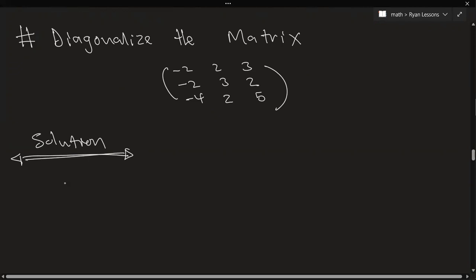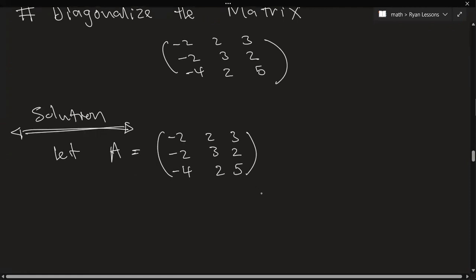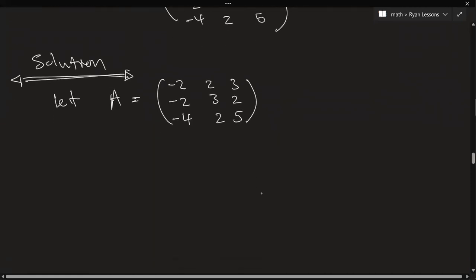The first thing that you can do is give it a name. You can call it matrix A if you like. So let's copy it down: minus 2, 2, 3; minus 2, 3, 2; minus 4, 2, 5. Now what we are going to do from here is find the eigenvalues of this matrix.